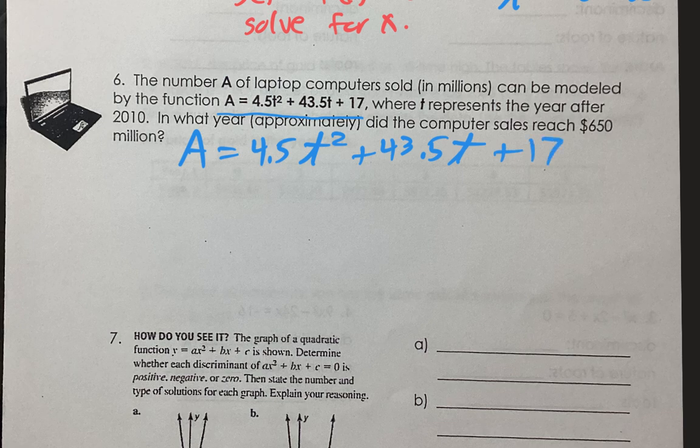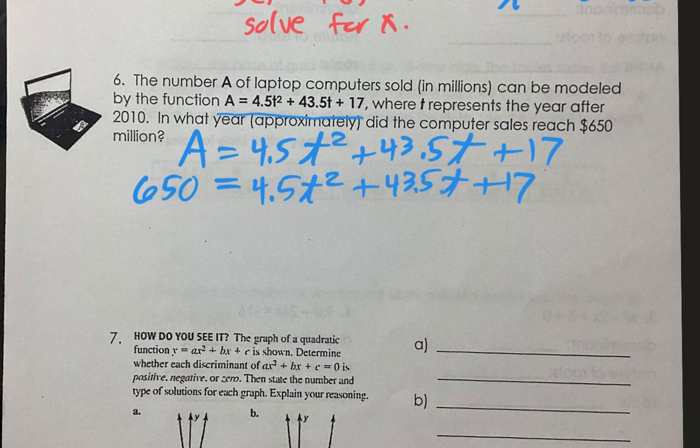Okay, so we are looking for sales to be 650 million. Now, A is in terms of millions, so really we're going to replace A with 650. So we've reached $650 million sales using that formula 4.5 t squared plus 43.5 t plus 17.